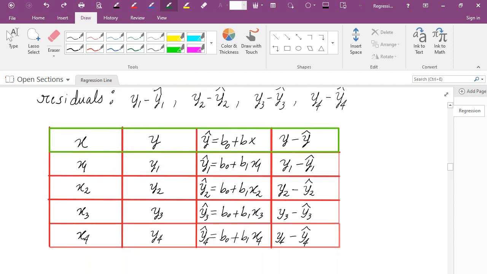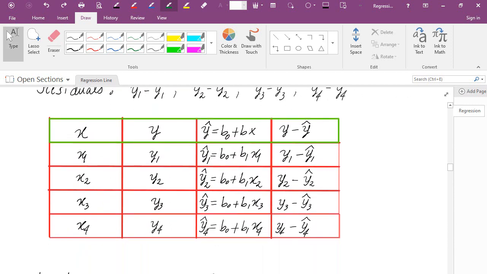So here I'm using a table to summarize the residuals. These are the x values from our data set. These are the y values from our data set. And then I'm computing the y values from the trend line equation corresponding to these x values.